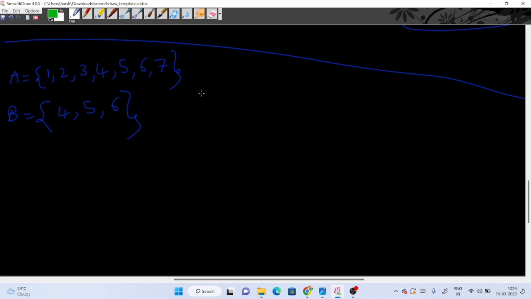So if I ask you whether A is a subset of B, that means whether A is an integral part of B or not. For example, I will show you by a diagram.